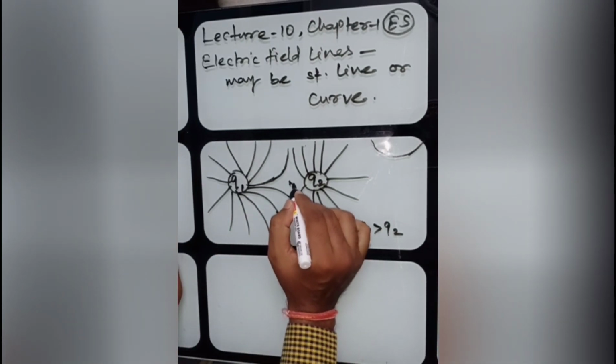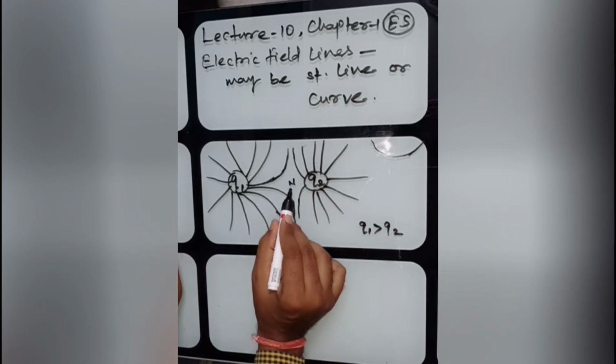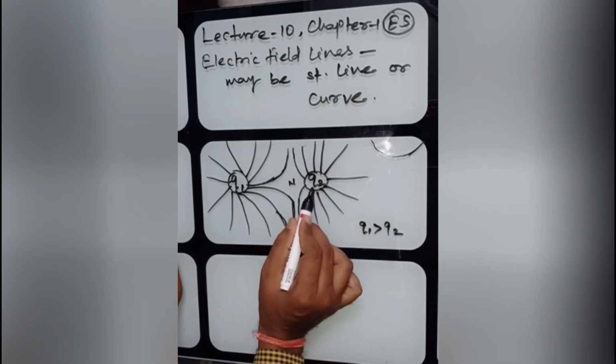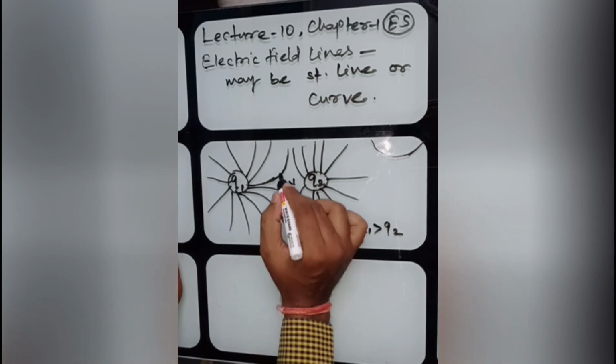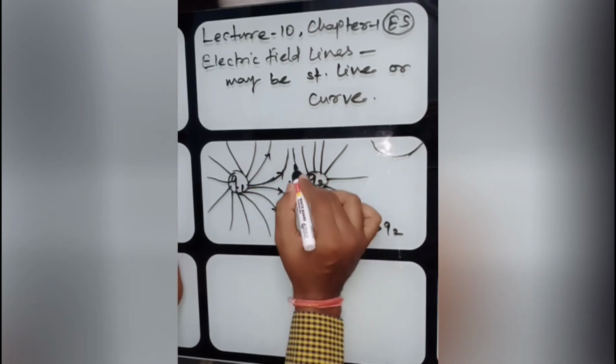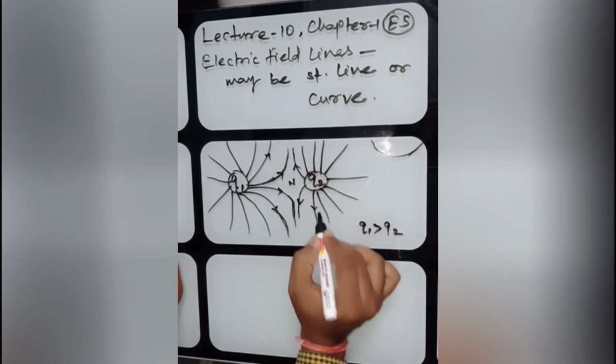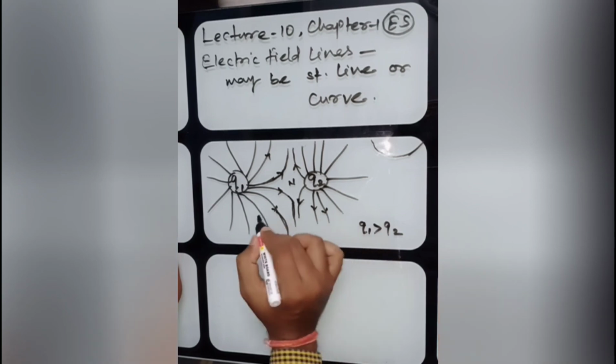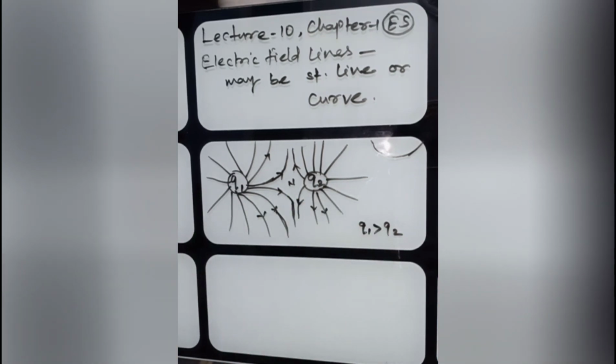Again, this will be the neutral point. The neutral point will be near the smaller magnitude charge. Since both charges are positive, the field lines will be outward. Both are donors of field lines. Now you can draw the diagram. So this was the concept.